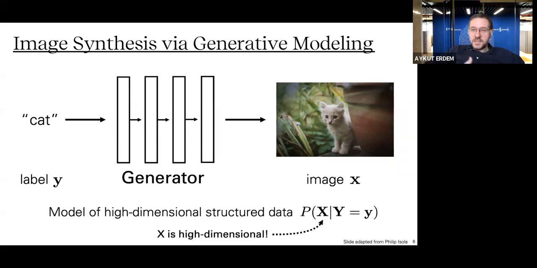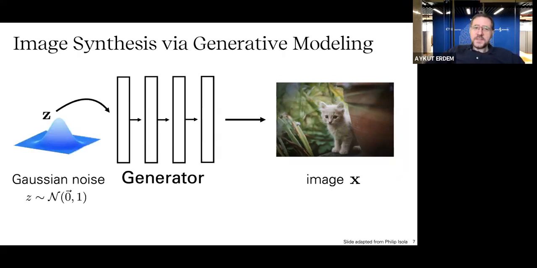But this is a very hard problem simply because images are high dimensional structured data, and it is not that easy to learn the underlying latent information. But once we have such a model, we can generate novel samples, for example, by sampling from a known distribution, like a Gaussian distribution shown here.